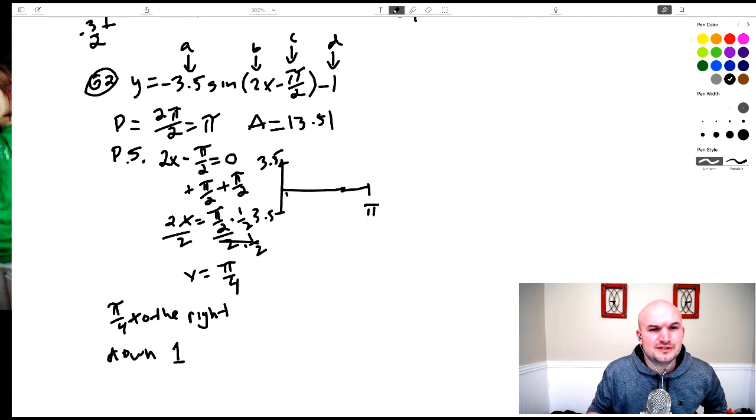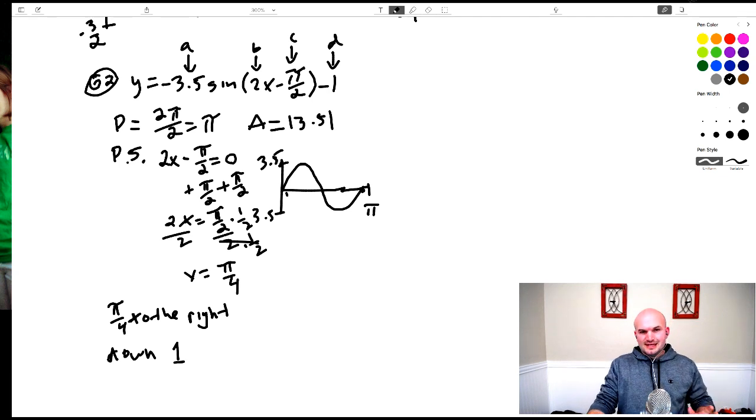So if we sketch the graph here, don't need to go crazy. Originally the range of this graph is negative 3.5 to positive 3.5, and I should probably use some different colors to differentiate. But now you can see this graph is being shifted down 1. So actually, let's do that. Now the graph is only going highest 2.5, and then it's going down an extra amount to negative 4.5.